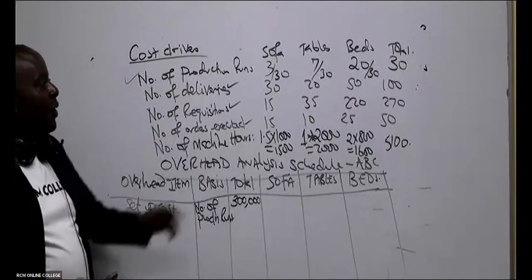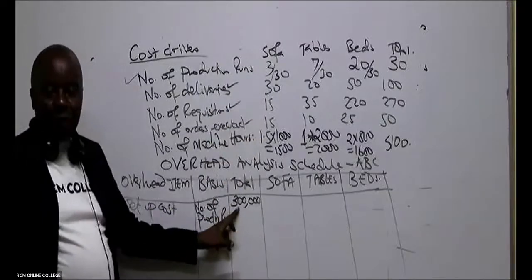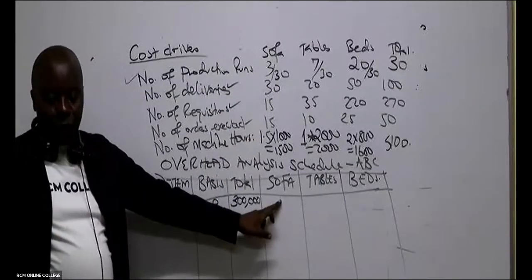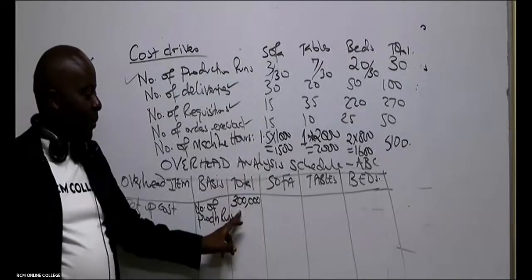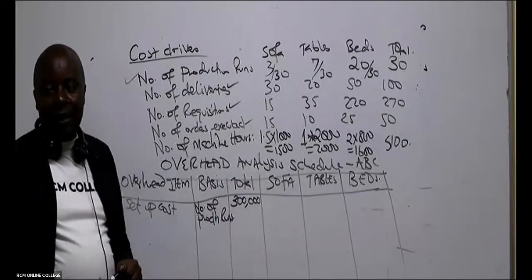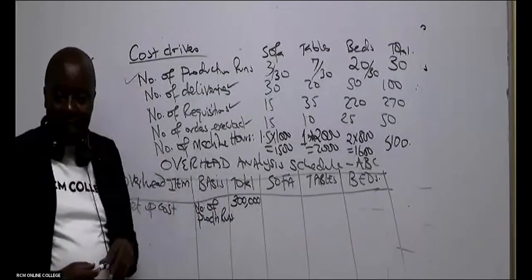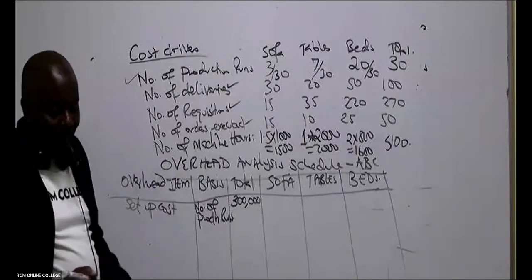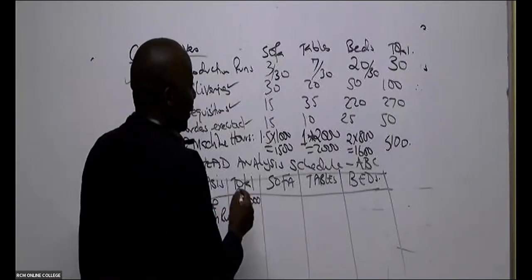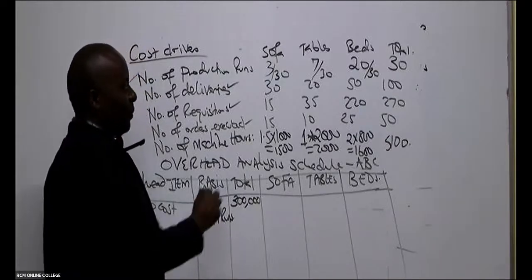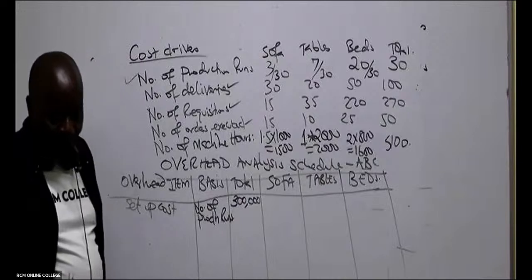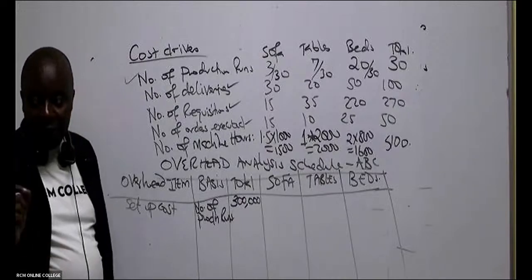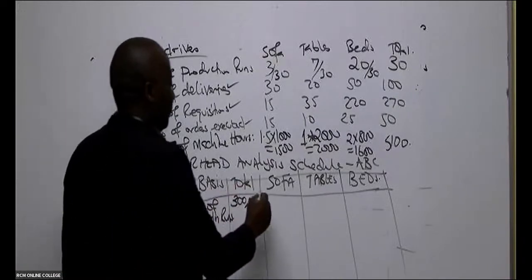So we have here 3 over 30 times 300,000. How much do we have for the sofa? Because we are apportioning this figure, it's 30,000.